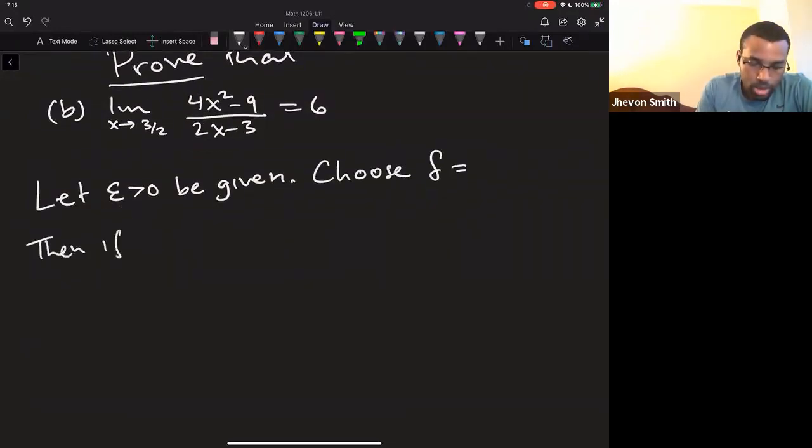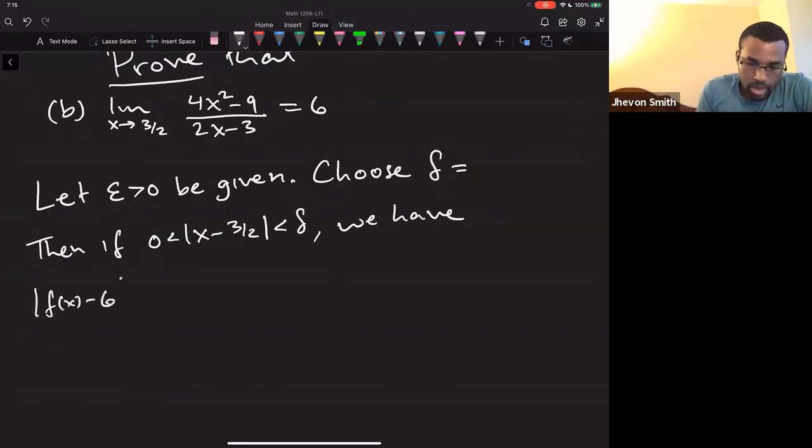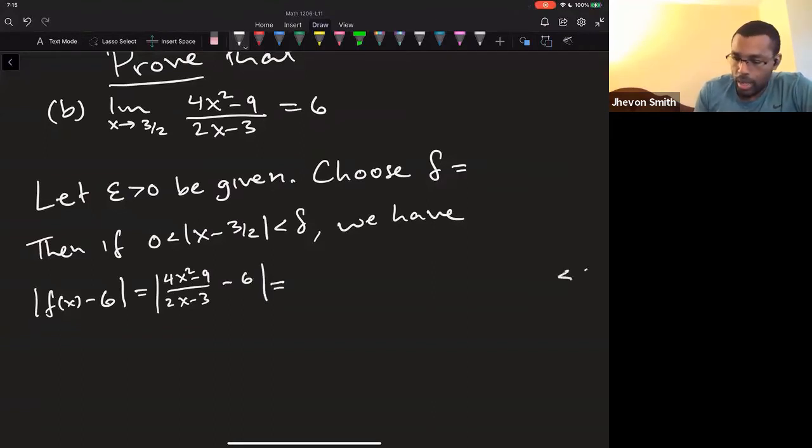Then if x minus a, which is 3 over 2 in this case, is less than delta, we have that f of x minus L, which is 4x squared minus 9 over 2x minus 3, minus 6, blank. I want to end with a less than epsilon.